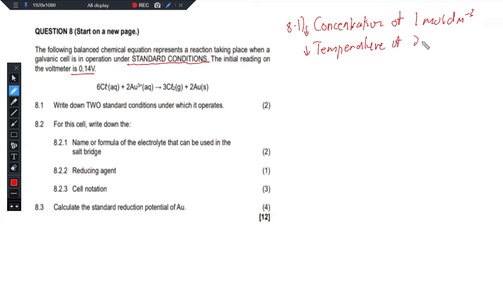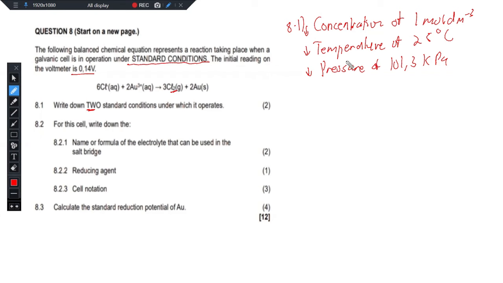of 25 degrees Celsius. But then here we can see that we have a chlorine gas. So also we must have a pressure of 101.3 kilopascals. So you can write any 2 from all these 3 here because they only said 2 standard conditions. But then all standard conditions are concentration, temperature, and pressure.